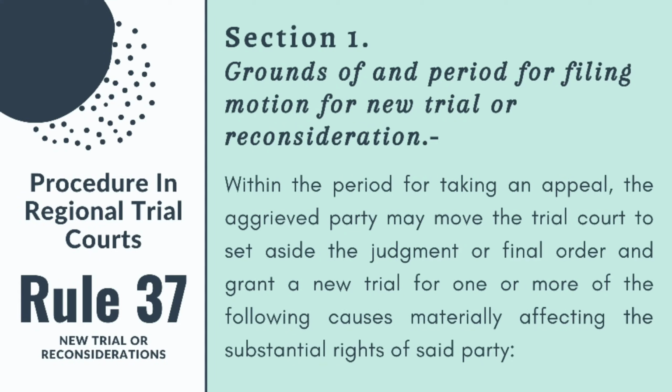Section 1. Grounds of and period for filing motion for new trial or reconsideration. Within the period for taking an appeal, the aggrieved party may move the trial court to set aside the judgment or final order and grant a new trial for one or more of the following causes, materially affecting the substantial rights of said party.